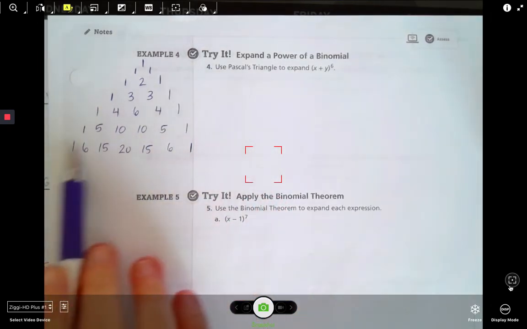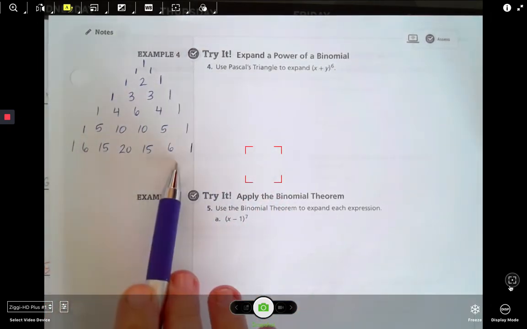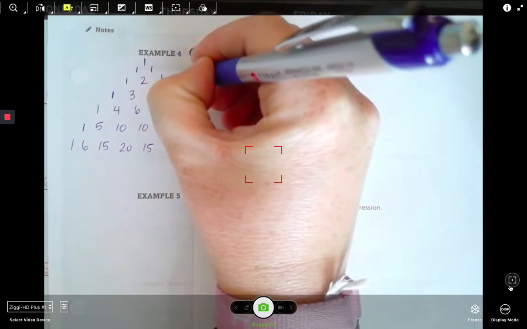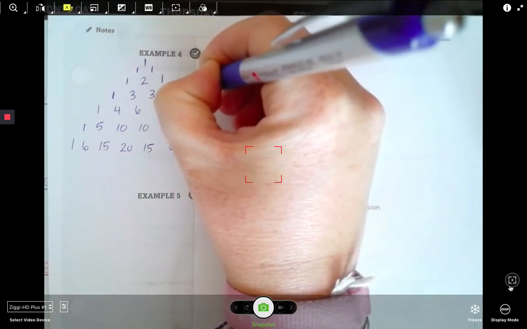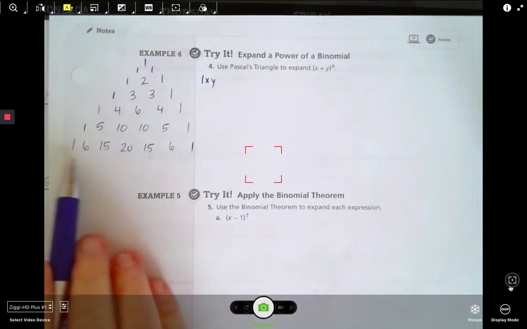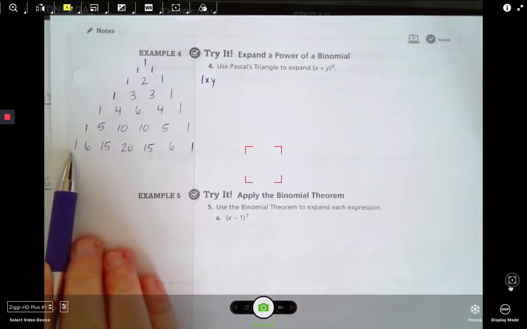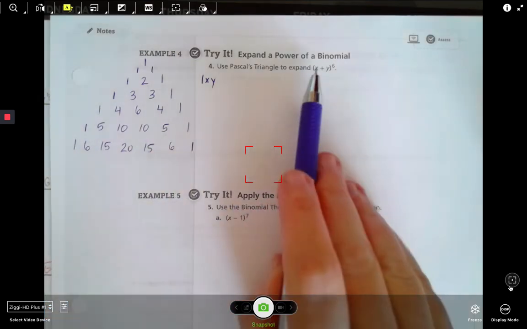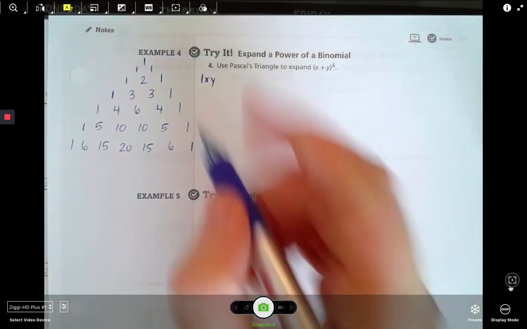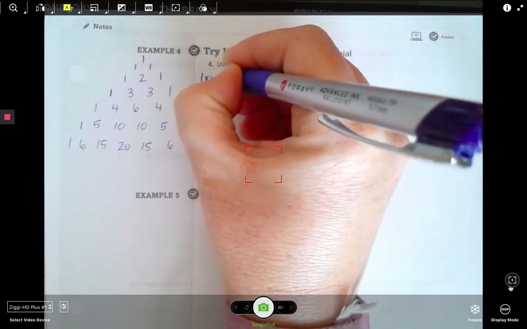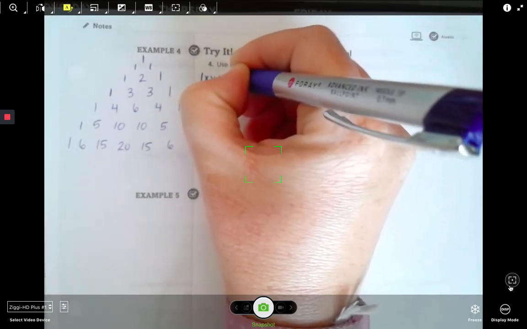We are paying attention right now just to this 6th row, okay? So I'm going to start off and write 1 times x times y. Where did I get the 1 from? The 1 came from this first term right here. Where did the x, y come from? X and y right here. So next we're going to write plus 6 times x times y.